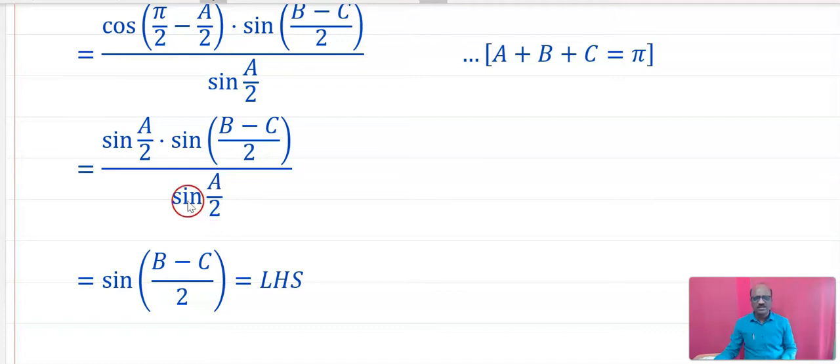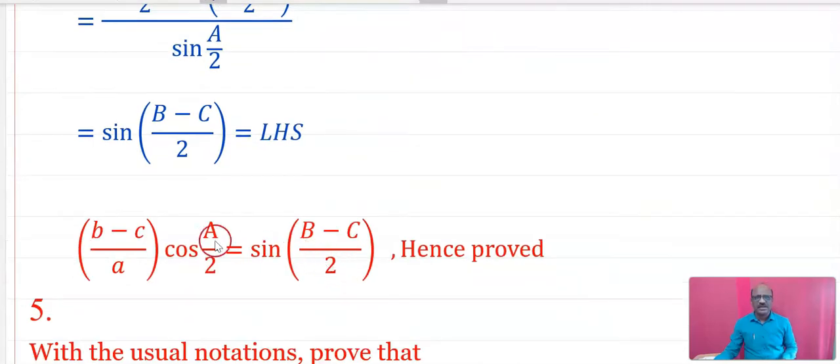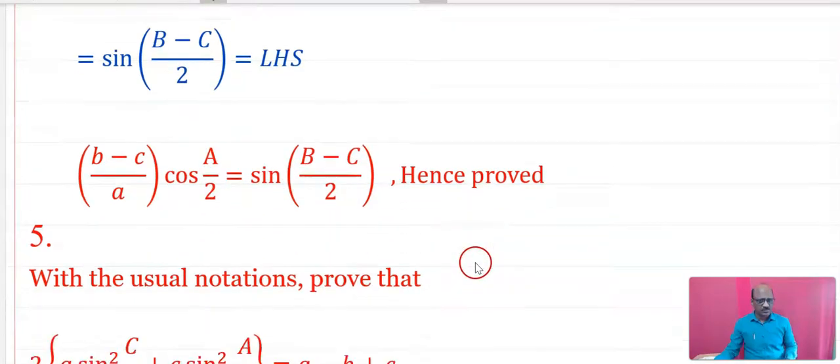And therefore sine a by 2 gets cancelled, and you will get sine of (b minus c) upon 2, and that is equal to LHS. And hence (b minus c) upon a into cos of a by 2 is equal to sine of (b minus c) upon 2. It's proved.